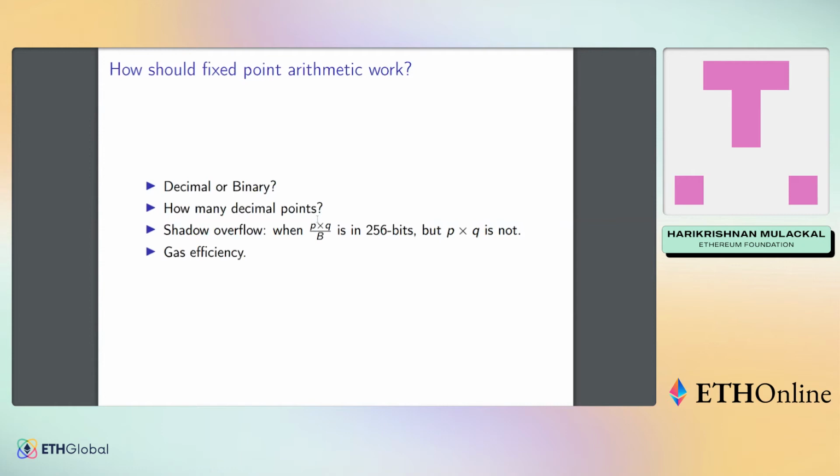Should we revert? Should we actually do the computation? There are people who say that we should revert, and people who say we shouldn't revert and should do the computation in a painful manner. This also raises the question of gas efficiency. Reverting early would be easy, whereas actually handling the shadow overflow is much harder.